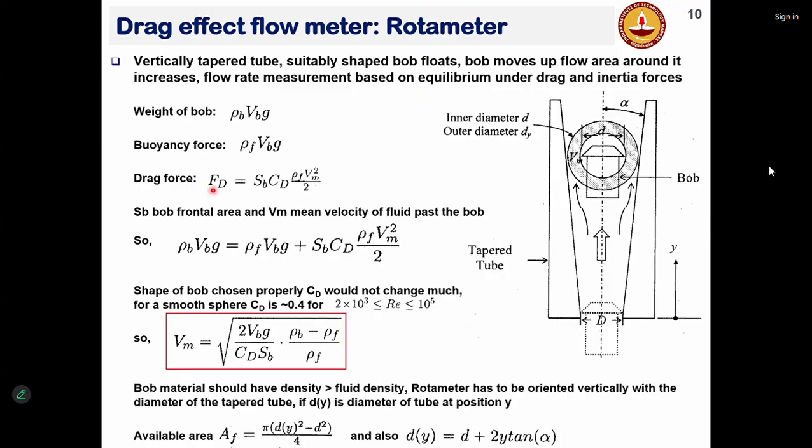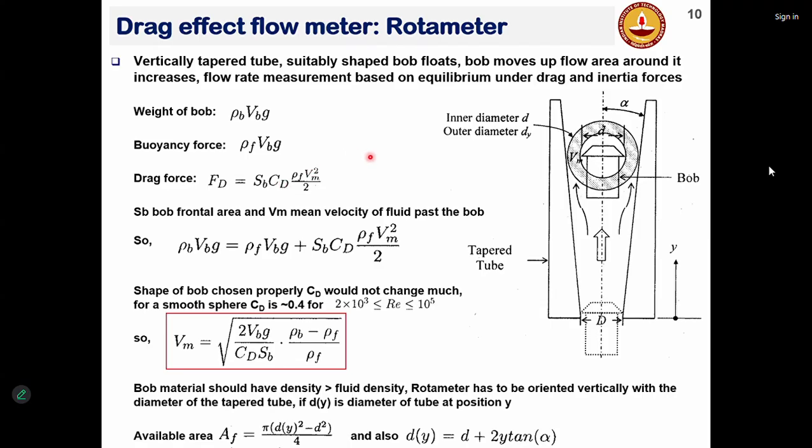The drag force would depend on the area. So it's the surface area. Let's say the bob has a surface area of SB. And the drag coefficient is CD.